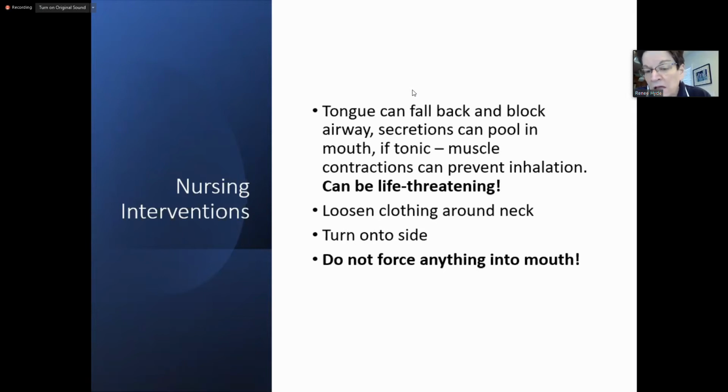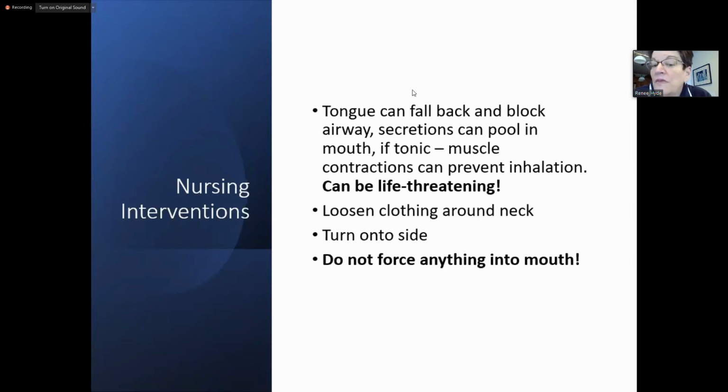Number one, what's going to happen is that it's going to block your airway. Number two, once that tonic phase occurs and you try to put something in their mouth, it's going to break teeth. And they can very easily aspirate those broken teeth, okay?